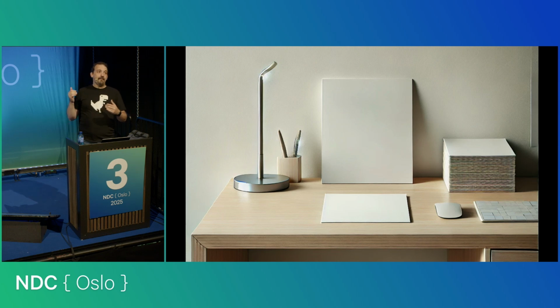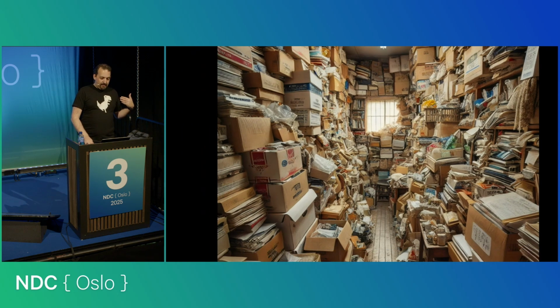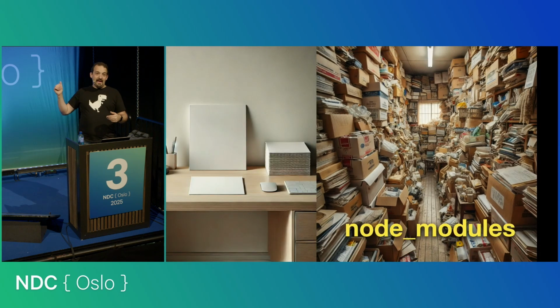At the time, the feeling was that your desktop, when you were working with your project, looked like this. But these days, when you look at the code that you are deploying to the cloud, sometimes it looks like this. Maybe you can say, well, on my desktop it looks fine, but then we have node modules, and we have a build process that is currently sending a lot of files to the server.